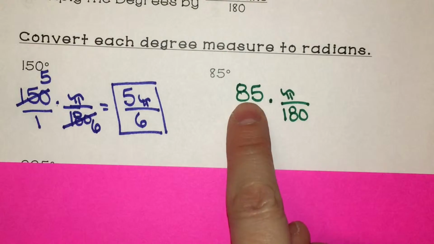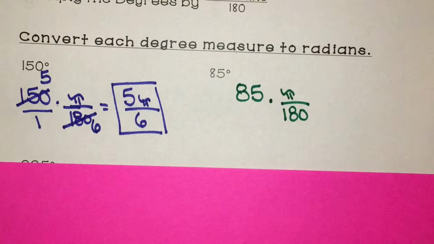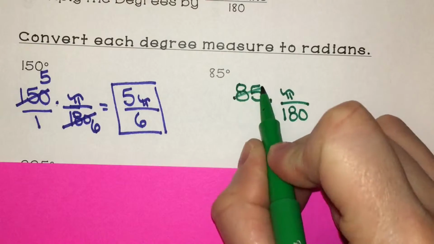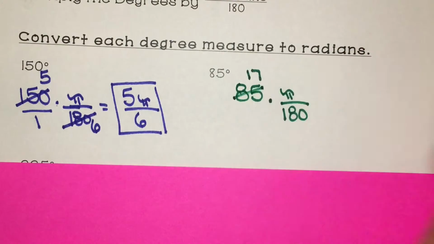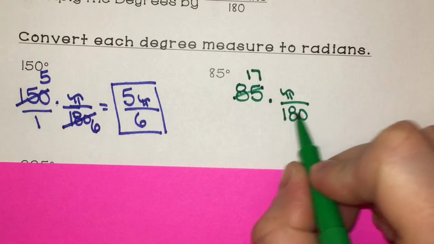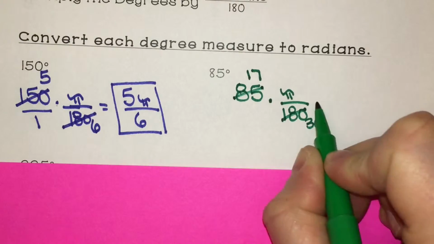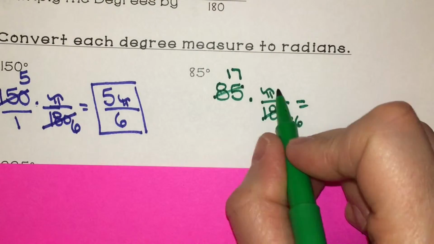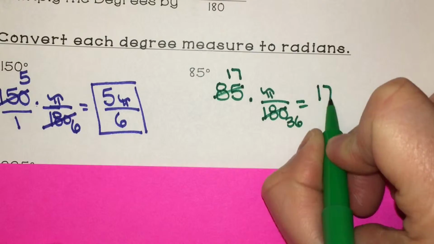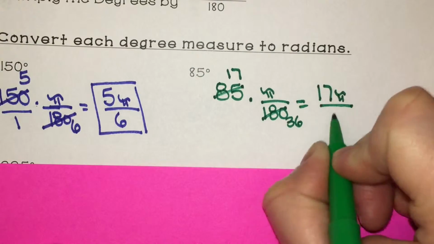I know that I can divide 85 and 180 both by 5, so I'm going to use that to reduce them. 85 divided by 5 is 17, and 180 divided by 5 is 36. So I'm going to multiply straight across. 17 times pi is 17 pi over 36.